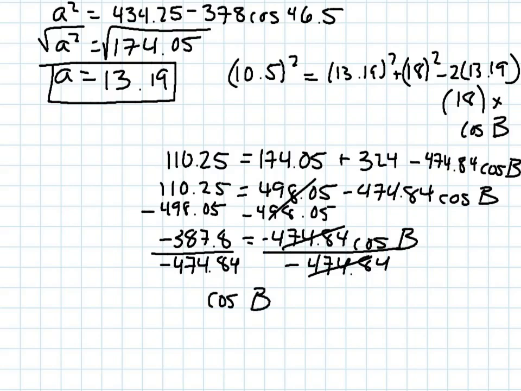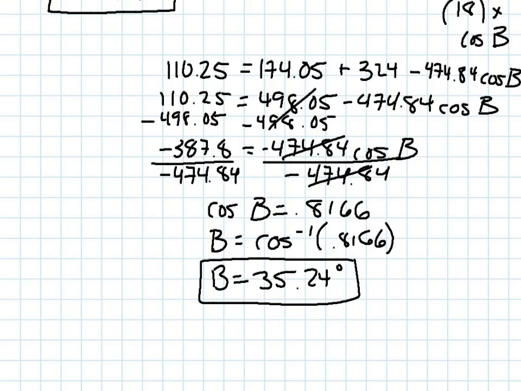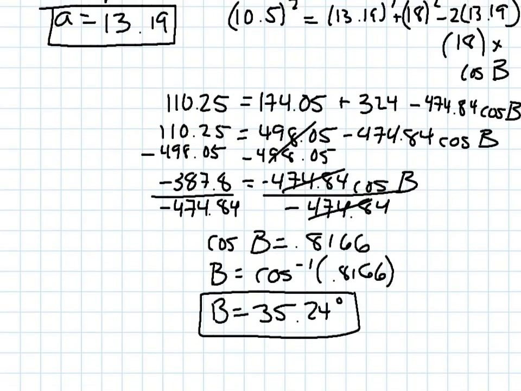So cosine of B is equal to 0.8166. Inverse of that. Remember, when I do this, I leave everything in the calculator, so I never reduce anything in the calculator. I just write it down as reduced. So that's only to be as exact as possible.